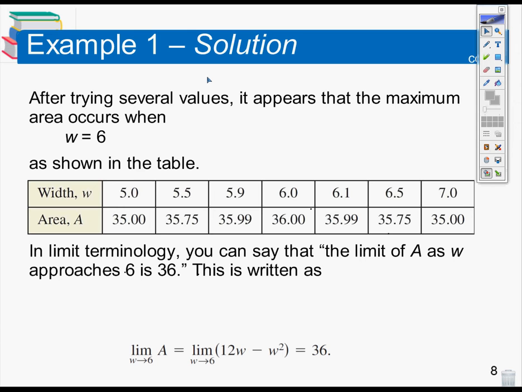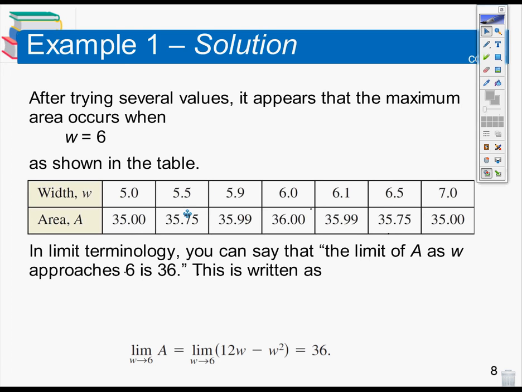So anyway, we're looking around and trying to find a specific maximum area for this whole thing, and I'm realizing that as my width goes from 5 to 5.5 to 5.9, my area is still increasing.